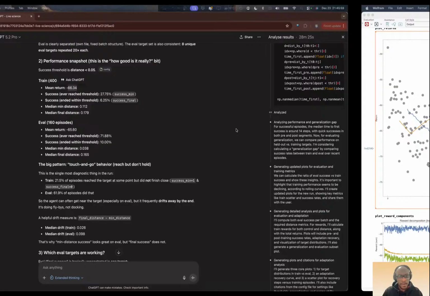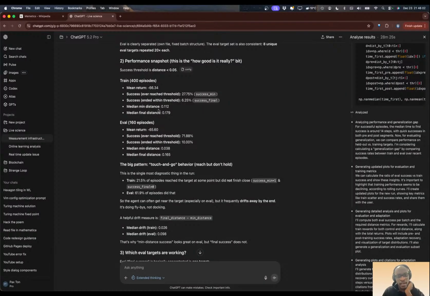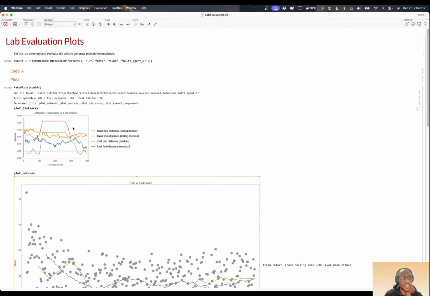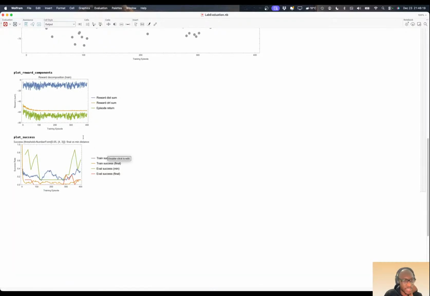And then success over ever reached threshold. Threshold is 0.05, so those that reach threshold is 28% success mean, and hopefully we have that in here? Yes, we do.